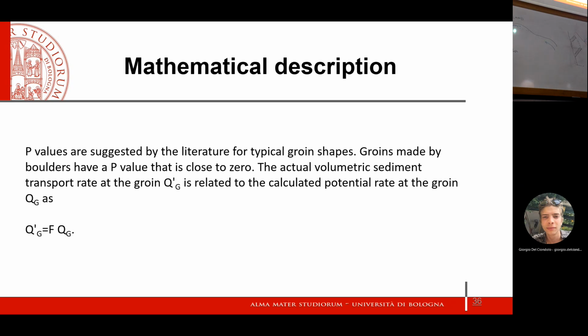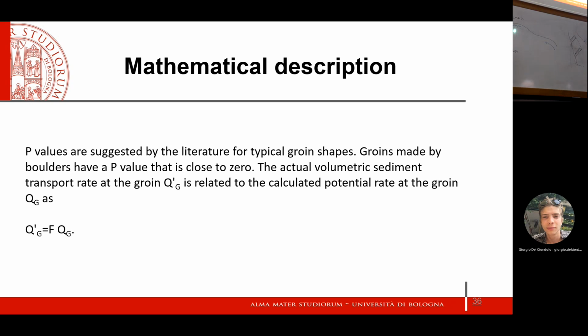So here it's noticed that for typical groin shapes, because it may not be so easy to estimate permeability as I previously suggested, there are suggested P values. Groins made by boulders have a P value that is close to 0, as I anticipated at the beginning today.